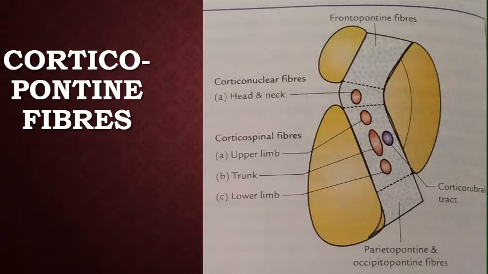Ultimately, in the corticopontine fibers we have four different fibers, named according to their place of origin. Suppose they arise from the frontal lobe, they are frontopontine fibers. Now, what is the location of the anterior limb of the internal capsule?